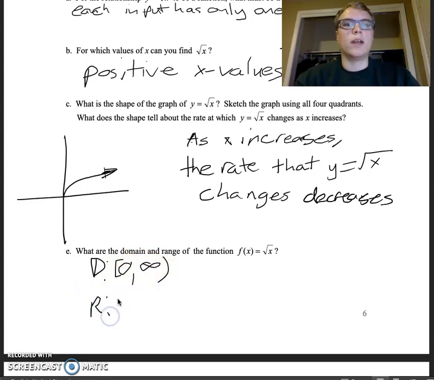Now, if we look at the range and the graph, it's going to be the same as the domain. We should remember that from the beginning of the year as well. So both domain and range are 0 to infinity, including 0.